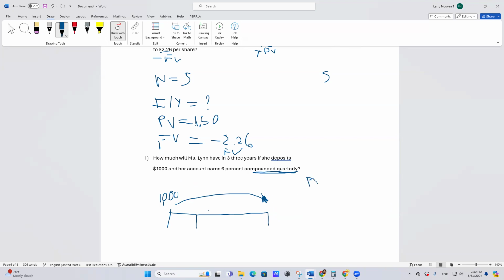So present value, put 1,000 or negative 1,000. It doesn't really matter. Number of periods, how many periods is it? 3 years, but compounded quarterly, right? So 4 times it's going to compound in a year. So 4 times 3, 12 periods that it's compounding.